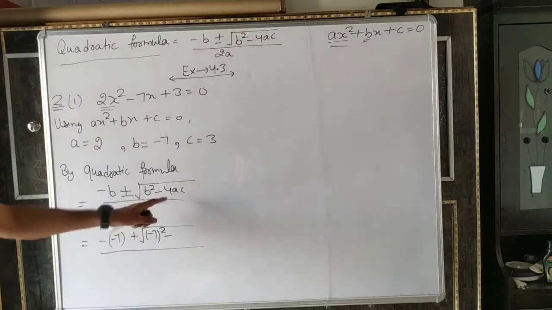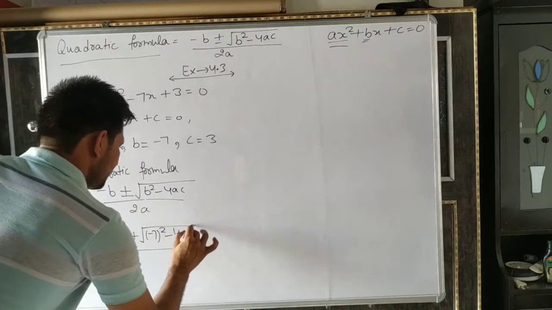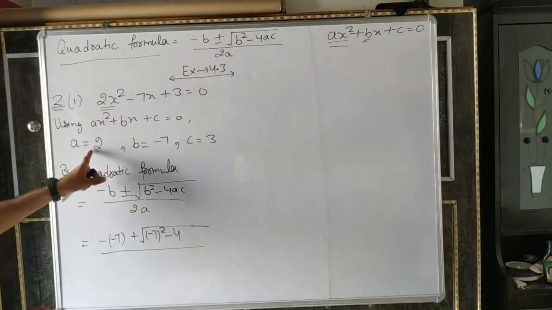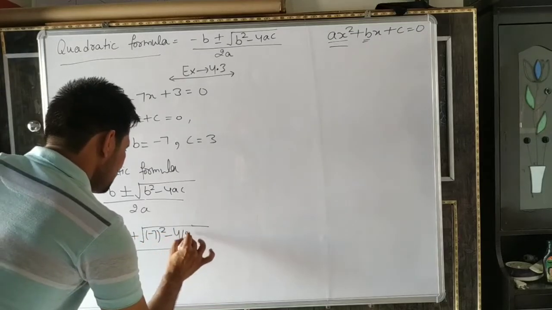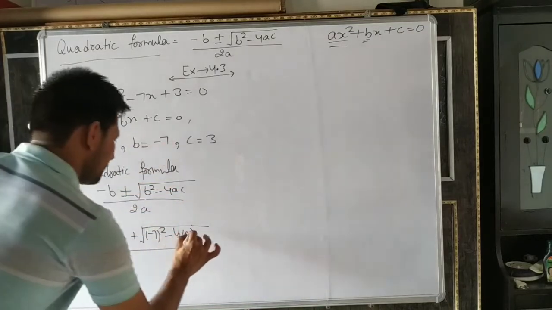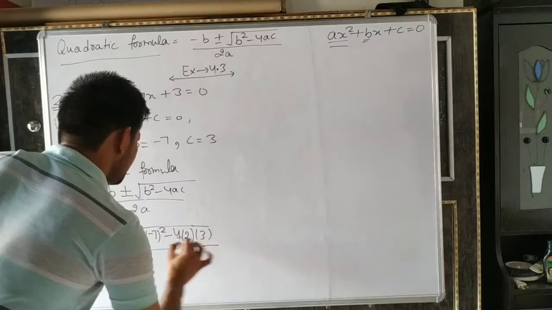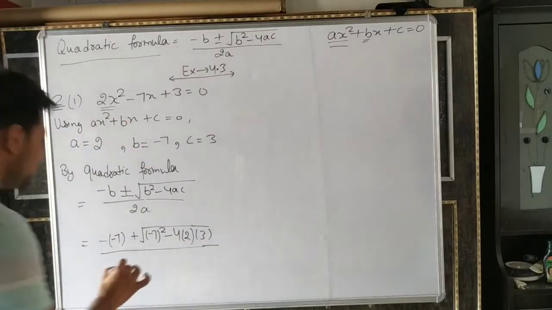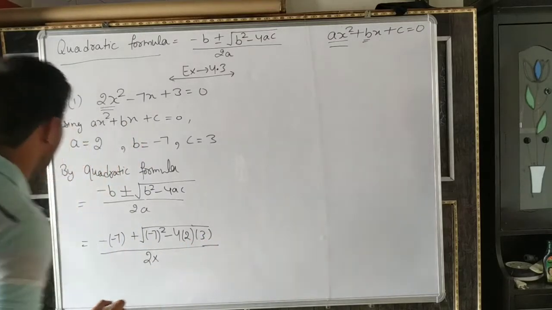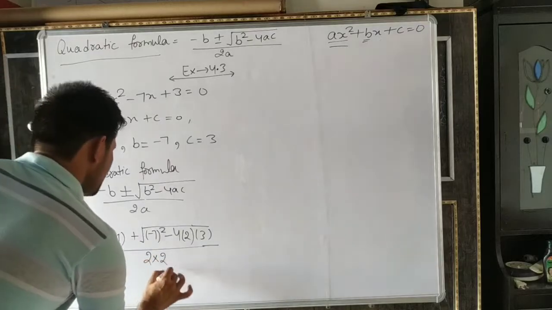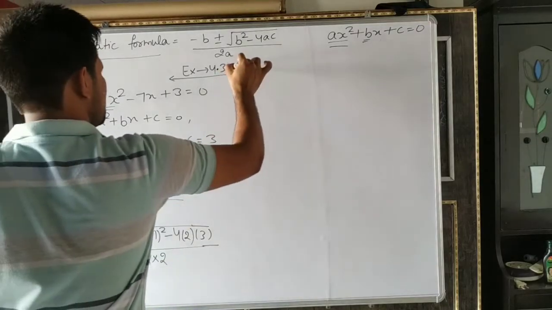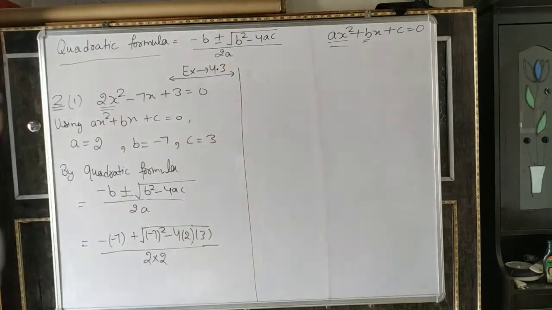Minus 4 into a. A is how much? 2. Multiply c, how much? It is 3. And divide by 2a, 2 into a, which means 2. Understand it?